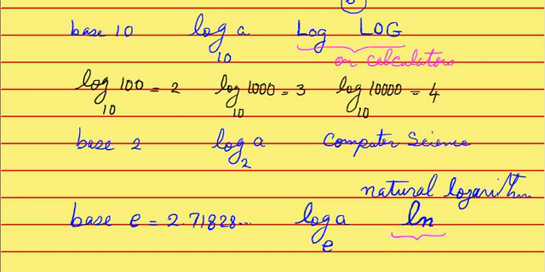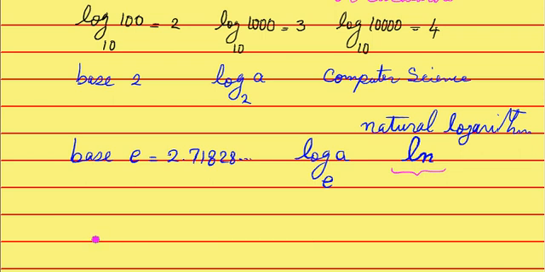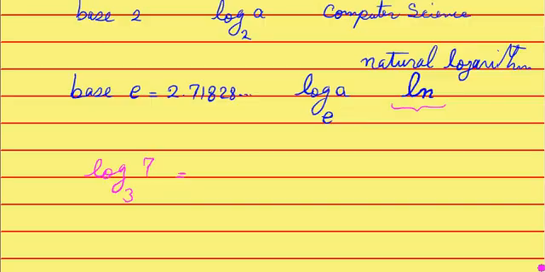Now comes up the question, suppose for some reason in a problem you were interested in finding logarithm of 7 in base 3. How would you find that out? So we don't know what the logarithm of 7 in base 3 is. Let's just for the moment indicate it as x. We want to try to find out what that x is.